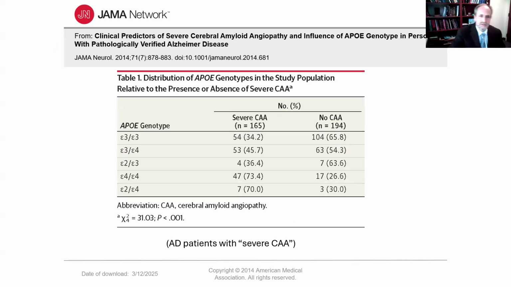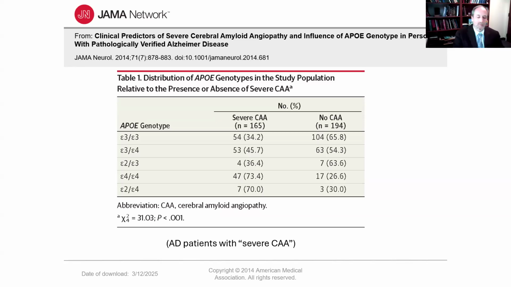This is a busy slide. I just wanted to bring up the issue of ApoE genotype. It's known that E4 and E2 are both risks for cerebral amyloid angiopathy and for CAA-related hemorrhage, but because epsilon 3 is the most common allele in the population, you do have a lot of individuals who have severe cerebral amyloid angiopathy in the setting of Alzheimer's disease and have the homozygous E3 genotype.